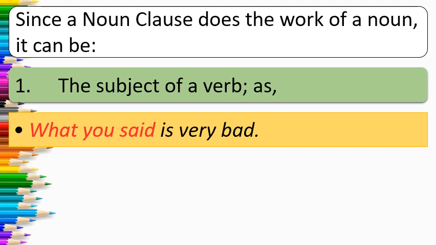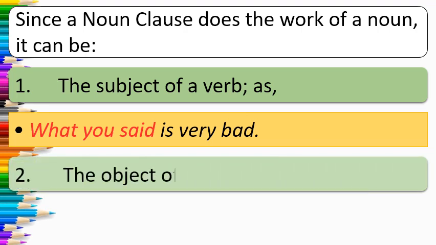So here in this sentence, what you said is the subject, is is the verb, and very bad is the complement. A subject can be a word or group of words. In a sentence, the subject always comes before a verb. So here what you said is a noun clause. Why is it a noun clause? Because it carries a conjunction, that is what, a subject, that is you, and a verb, that is said.